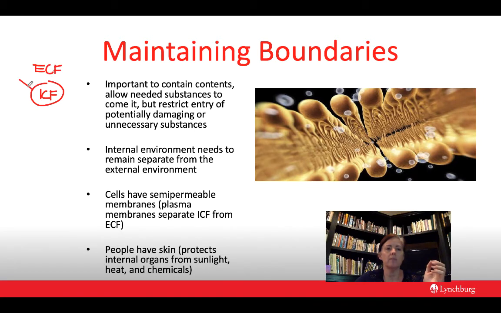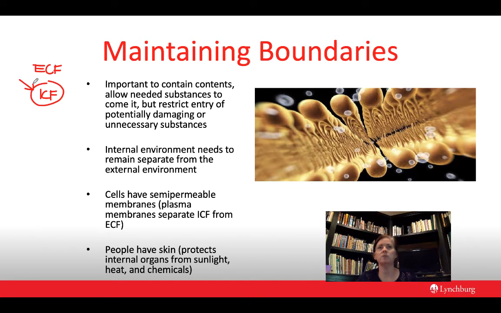So we've got boundaries not only on a cellular level, but if you think about it, we have a boundary even as we look at a whole person. Your skin is a boundary, and it's going to control movement of substances that have access to our interior.